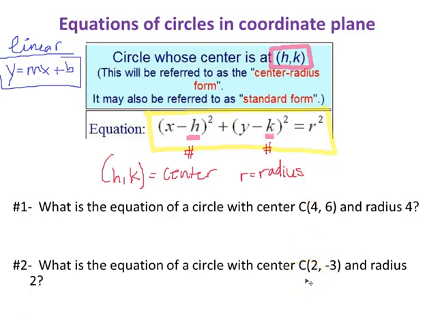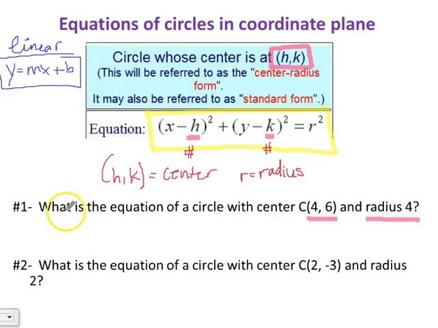So let's see if we can plug some numbers that represent the center and the radius into the equation. So we'll start seeing how equations are really going to look when they've got numbers in it. If we have a circle that has the center with the coordinate (4, 6) and radius 4, what would the equation of that circle be? All right, so let's look back up.